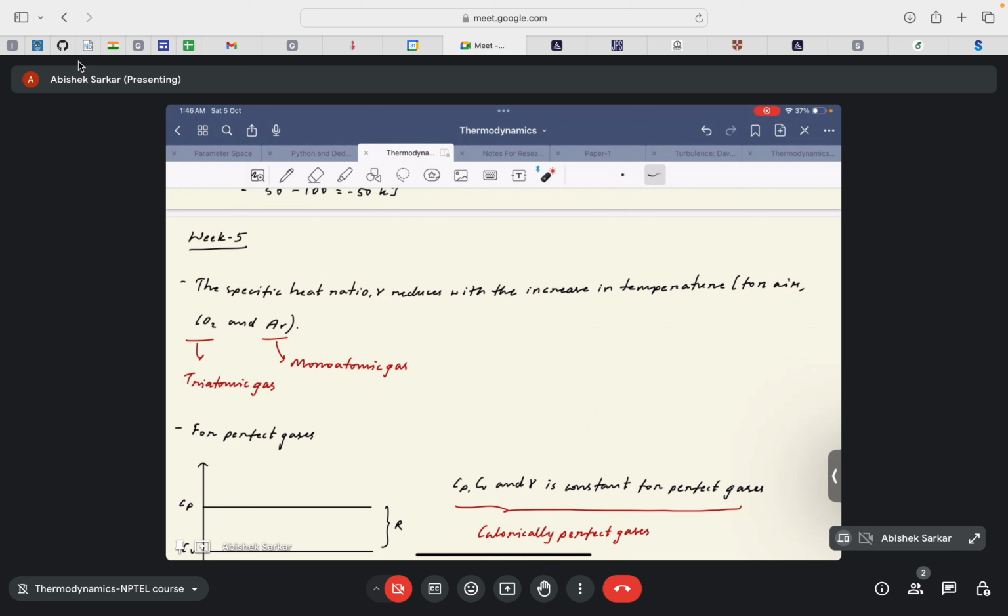Air in its essence is actually a mixture of gases and should ideally be dealt with as a mixture of gases rather than implicitly as an ideal gas.